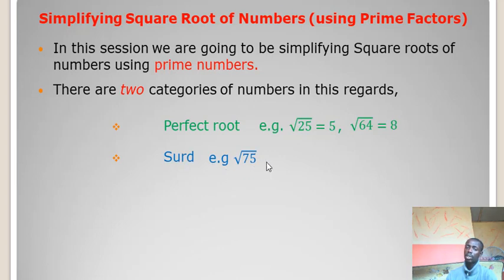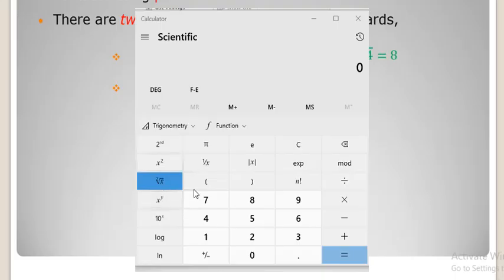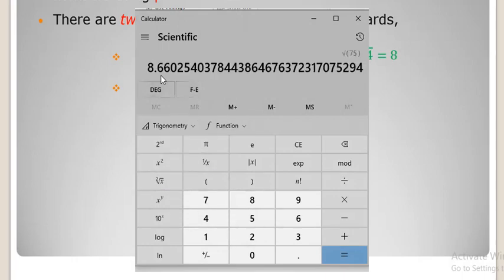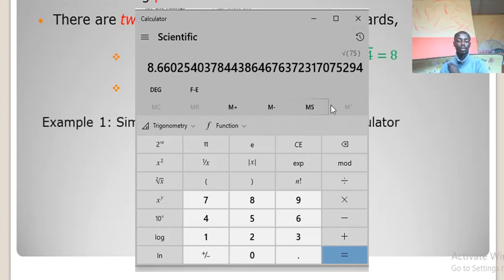So simplifying root 75, you're going to be having 5 root 3 in surd form. Understood? If you want to get that using a calculator, like you have root 75, you can see this long crazy number that we are having here. So this shows that 75 is not a perfect root or a perfect square.